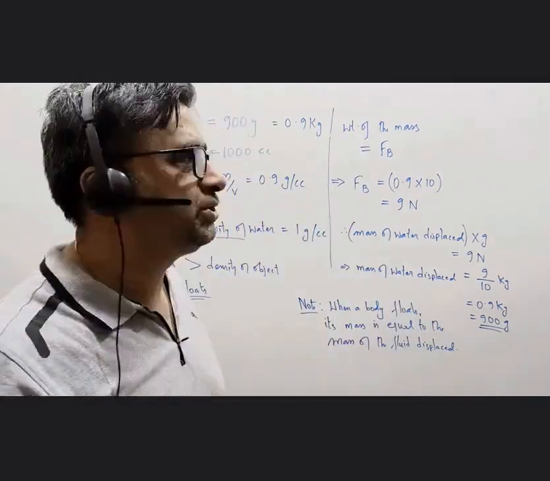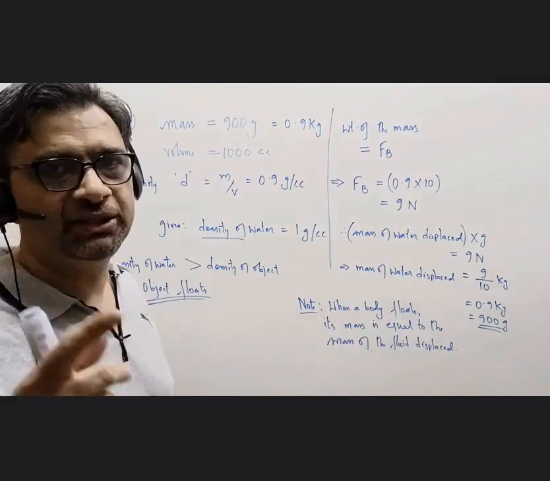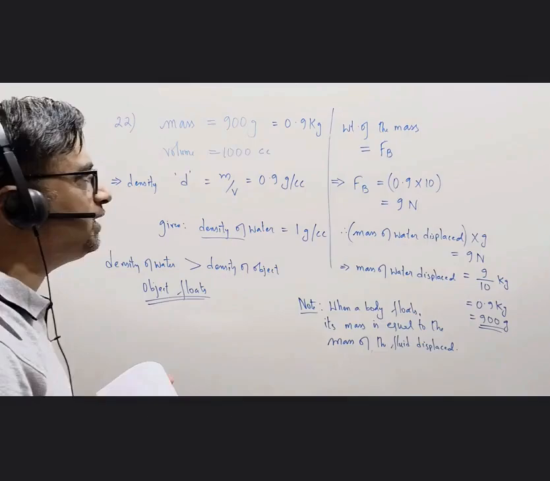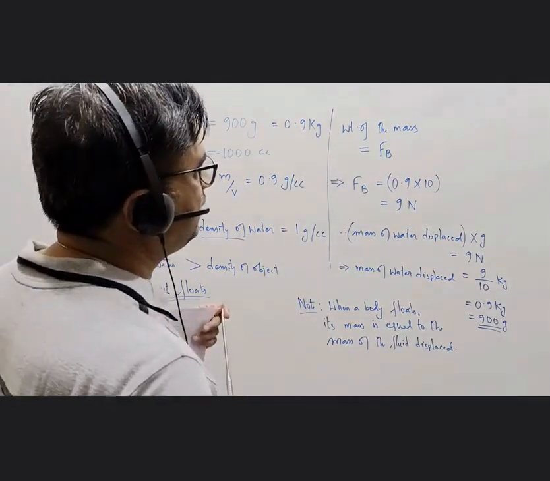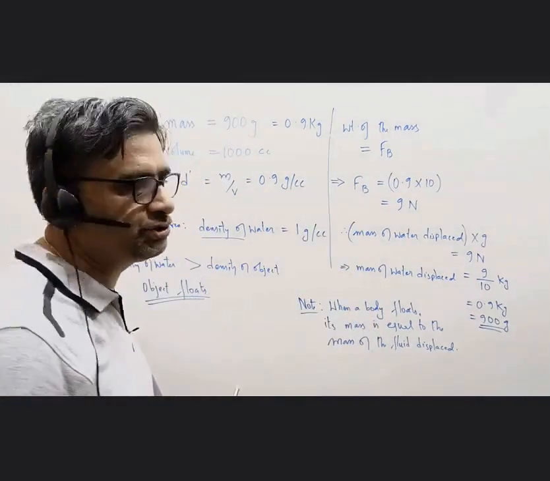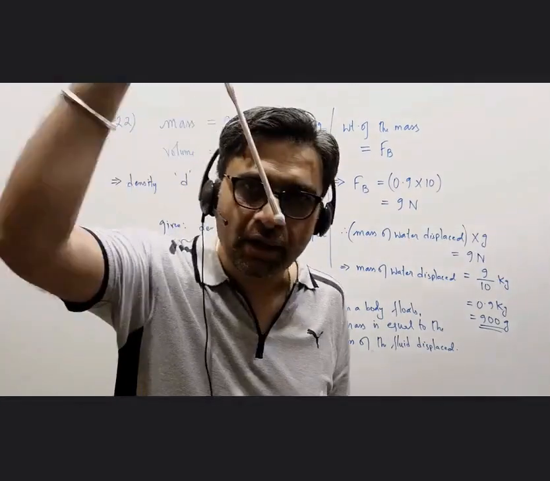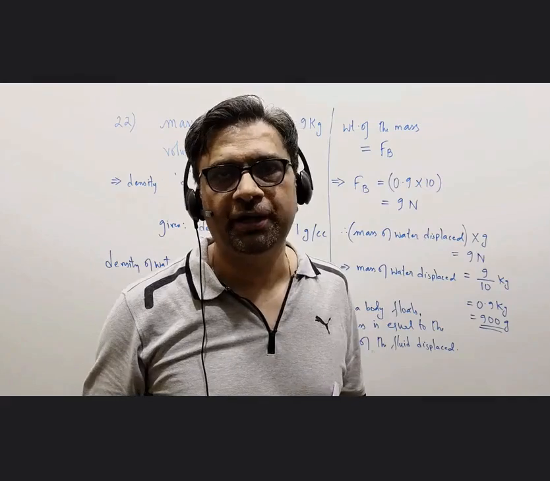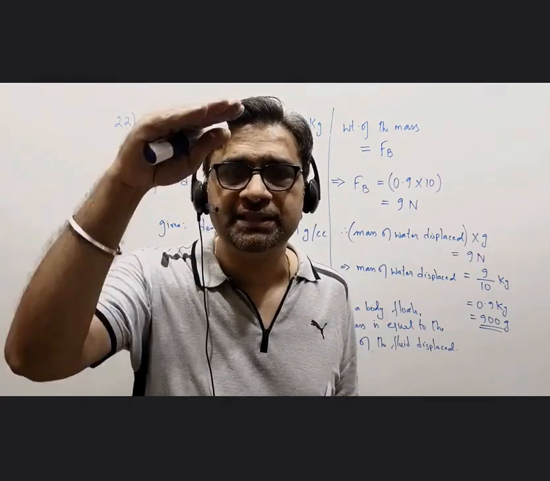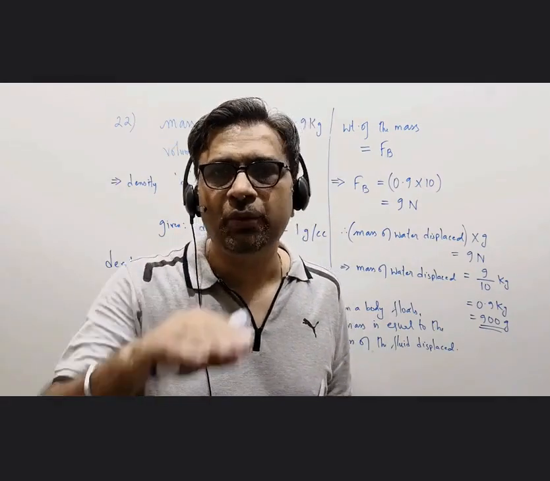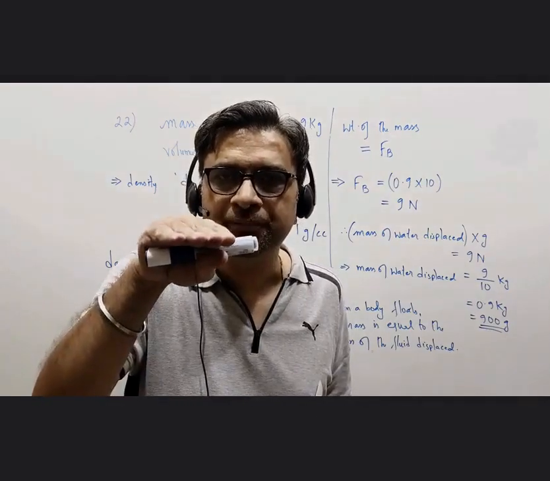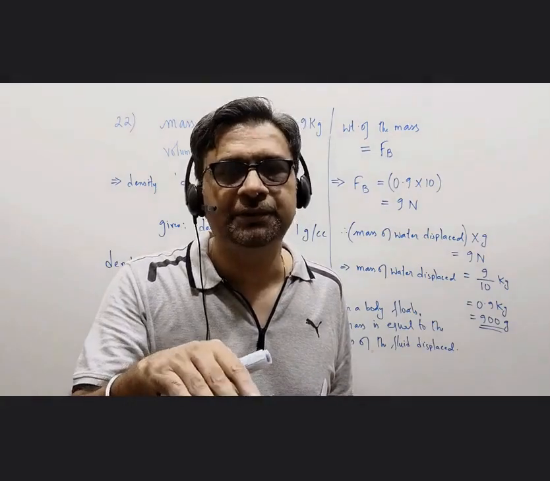That's the underlying logic that we have applied in this question. Now the weight of the mass is equal to the buoyant force. That's how the body has stopped going down. It has stopped at one point and it's not sinking any further.